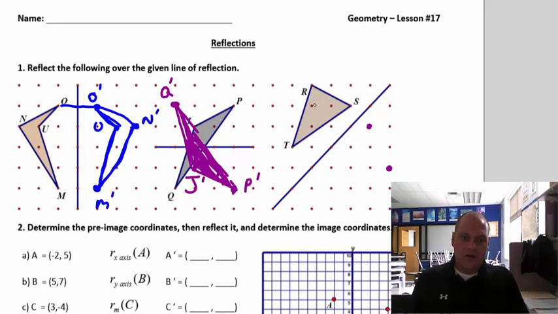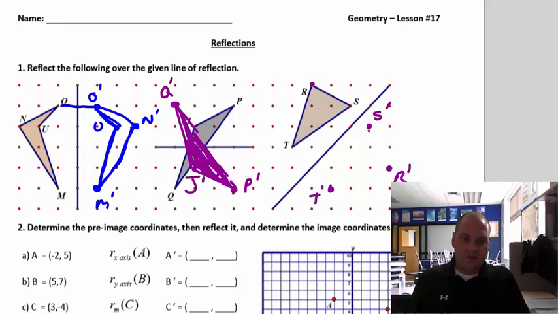There we go. See how I did that? I went down 2 and over 2 from here, and then I just went over 2 and down 2, the opposite direction. And then here I had to go down 1 over 1, and there it is right there. So there's T prime, here's S prime, and here's R prime.